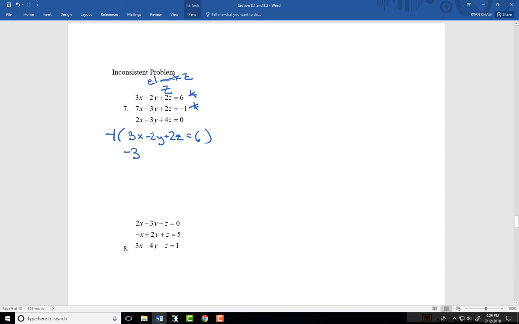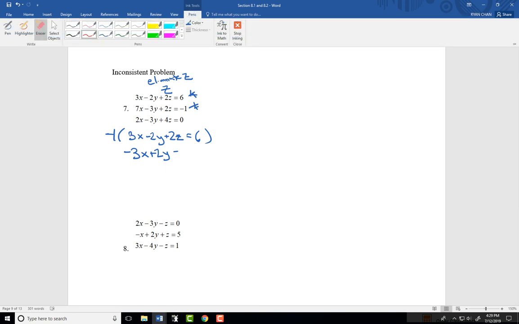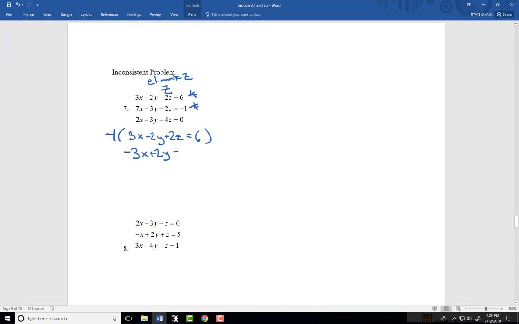So I have -3x plus 2y minus 2z equals -6, and I have 7x minus 3y plus 2z is equal to -1. So this is -y. This cancels. I have 4x minus y is equal to -7. Okay, so that's my first pair.